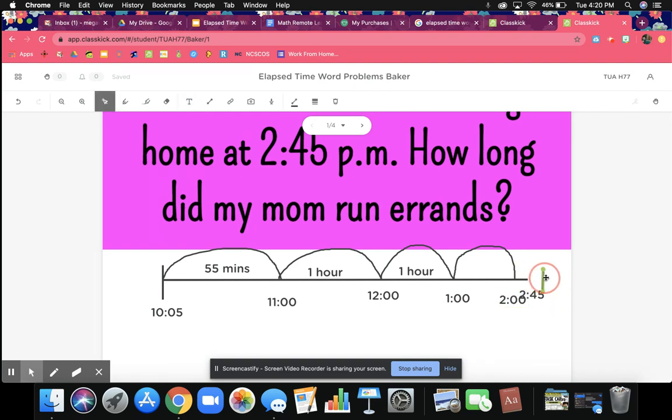Now you can see that I did my jump a little far, so I'm going to move it over a little bit. You might have to adjust yours as well. So now I'm at 2 o'clock. So how much longer does it take me to get to 2:45 is a jump of 45 minutes, because 2 to 2:45 is 45 minutes.